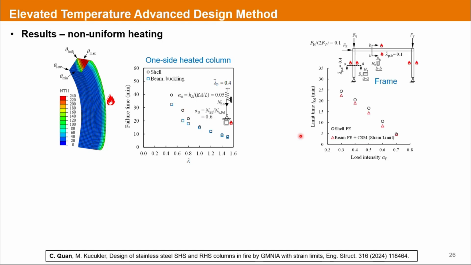We also investigated the application of the advanced design method for stainless steel frames. Similarly, the predicted failure times generally align very well with the benchmark data, these black circles. We also looked at non-uniform heating cases in the frames.